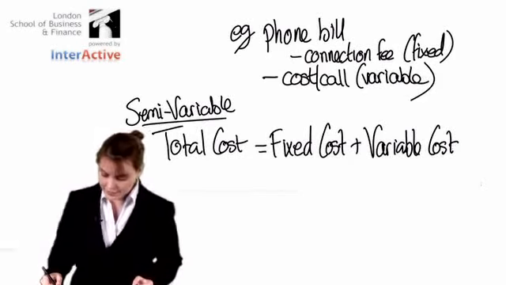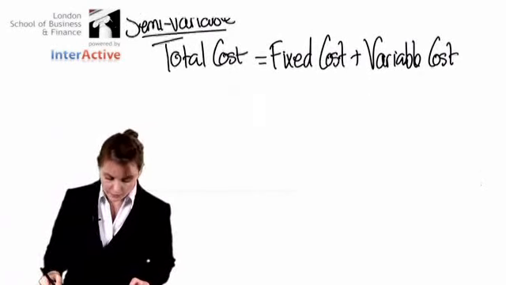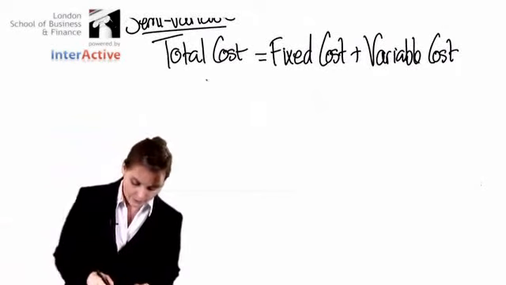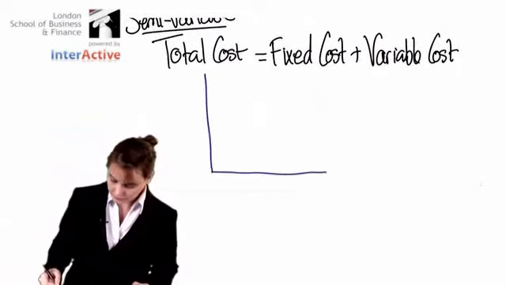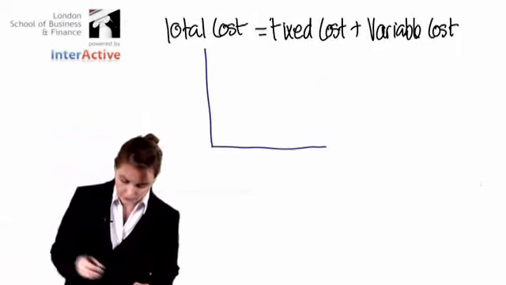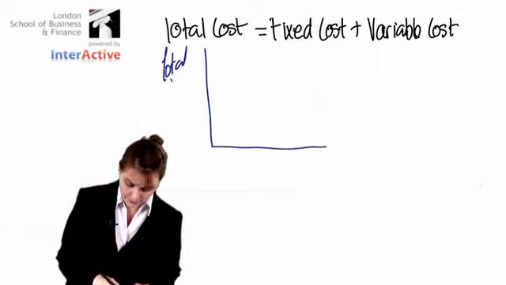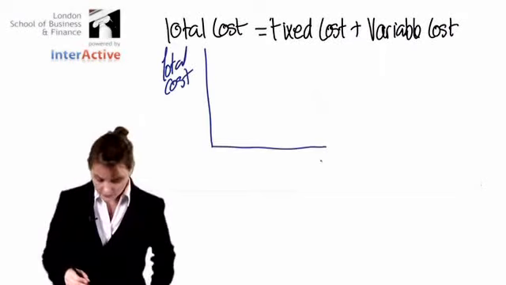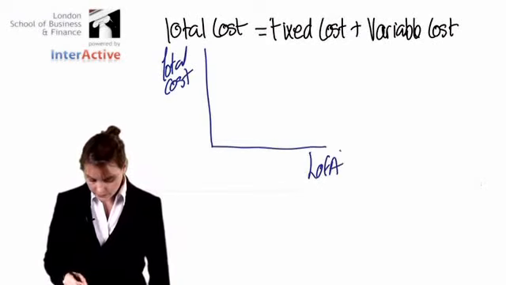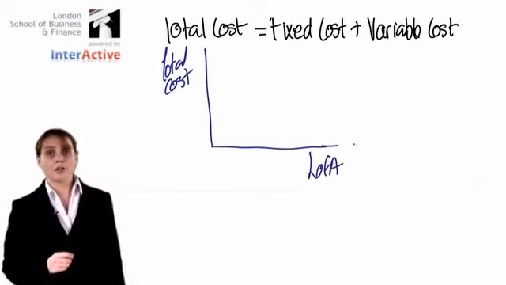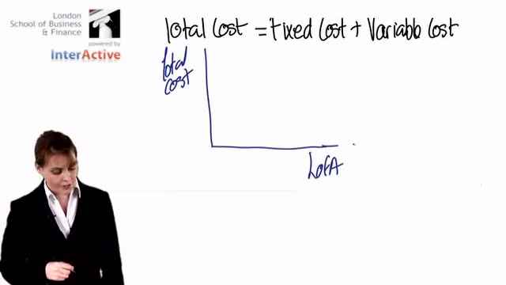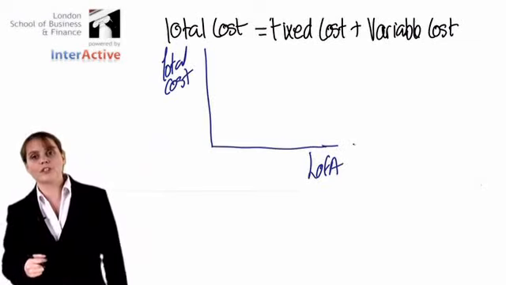So let's look at how semi-variable costs appear on a graph. We've got our total cost and our level of activity. We'll ask our first question.